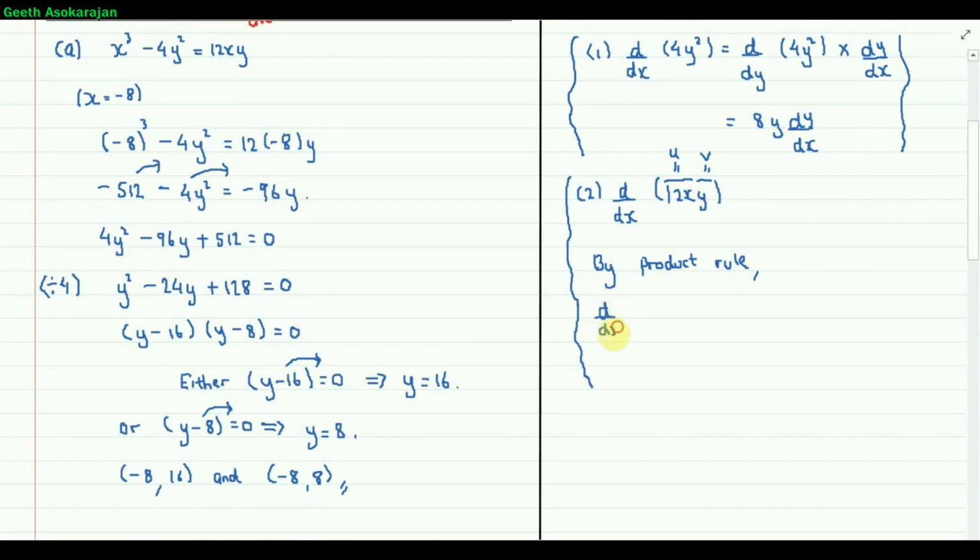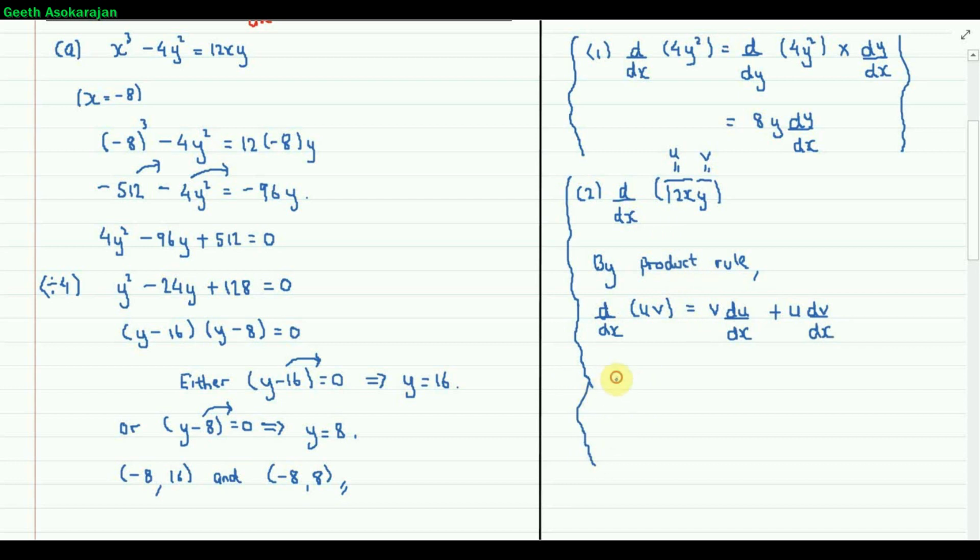So d by dx of uv, that would be v du over dx plus u dv over dx. So that is the product rule that I'm referring to.